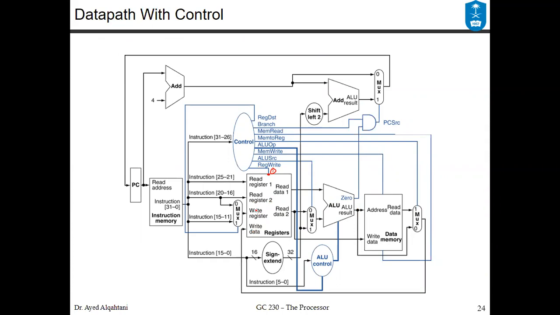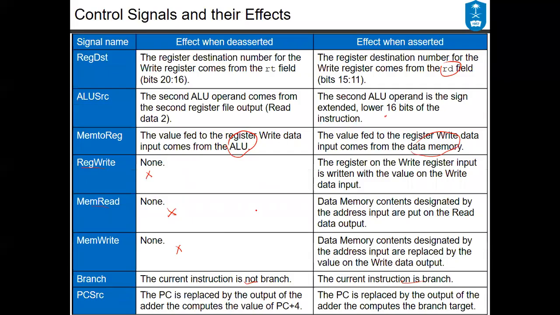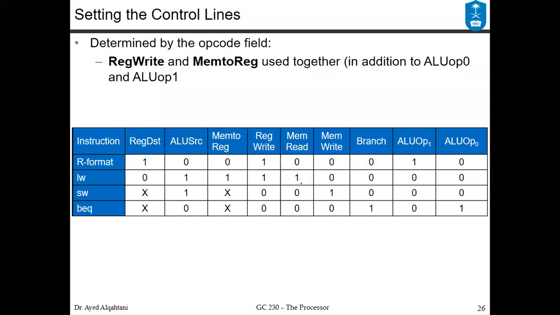And this is why we have it 0 for both the store and the branch. So basically, for the store and the branch equal, we don't write back. We don't care about the register destination. We also don't care about the memory to register, and the register write should be 0 because we are not writing anything back.